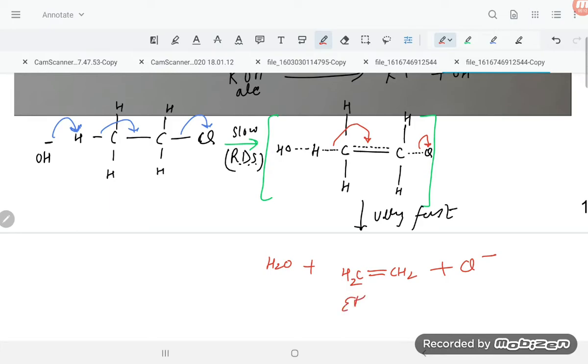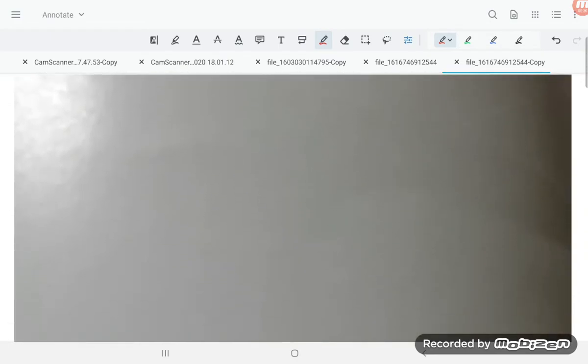So that is ethene. From chloroethane you got the product. The transition state is a highly active, high energy state. So this is the one mechanism. Now let us have a look over the 2 degree alkyl halide.